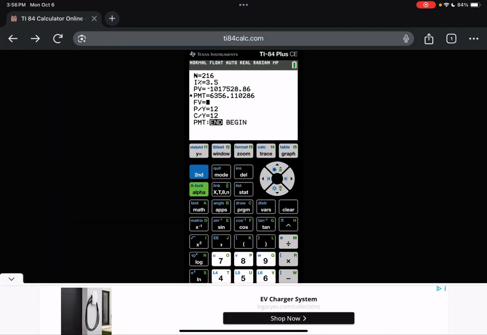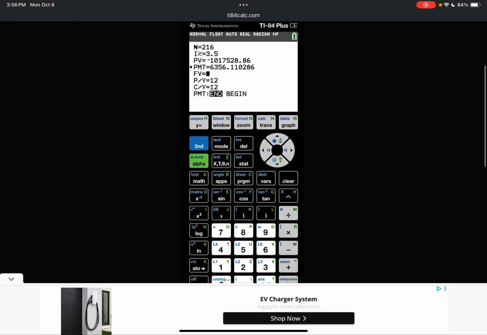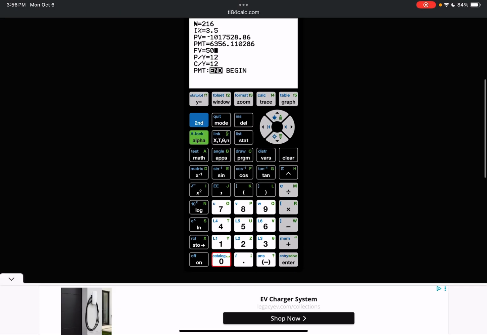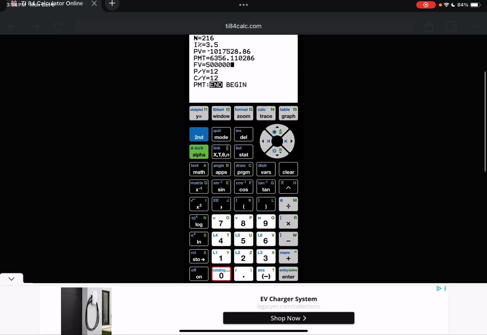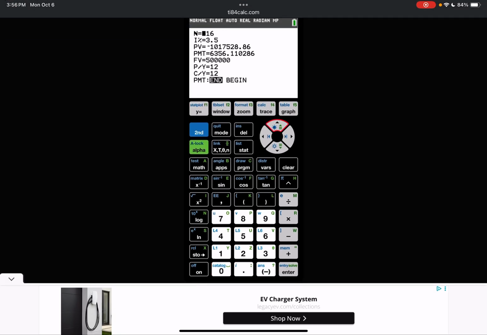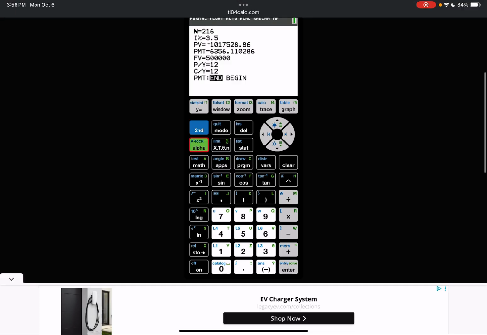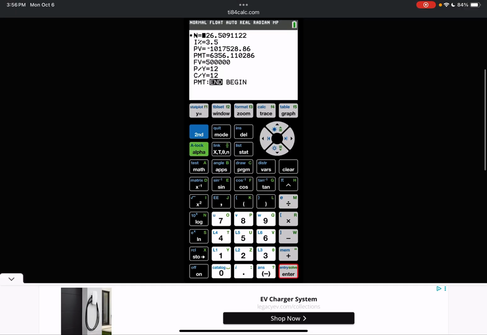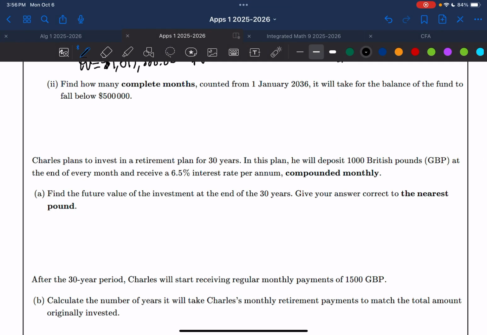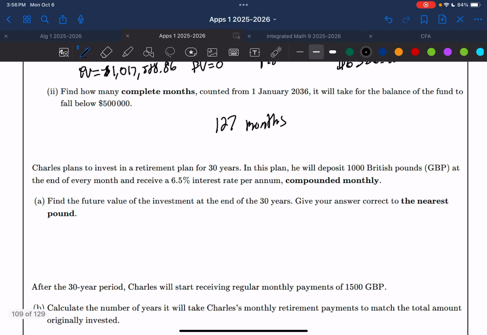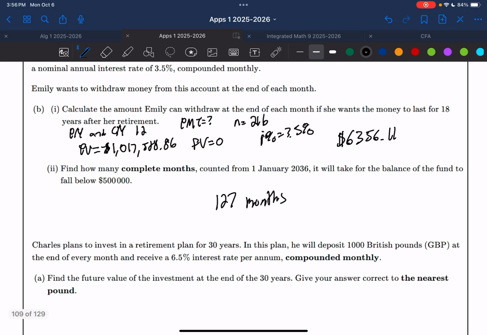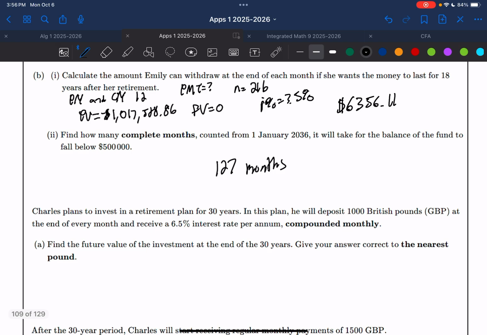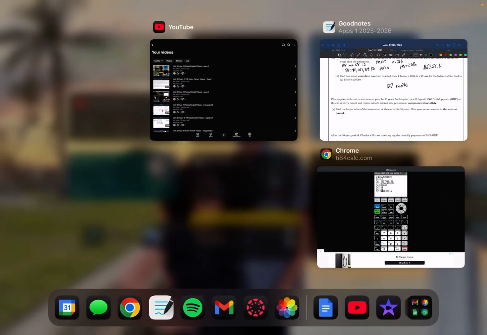We can leave the payment as is, and we can change the future value from 0 to 500,000. And then all we have to do is go back here and recalculate the N. You can see that's going to take 127 months. So 127 months, that's about 10 years for the balance to fall below 500,000.